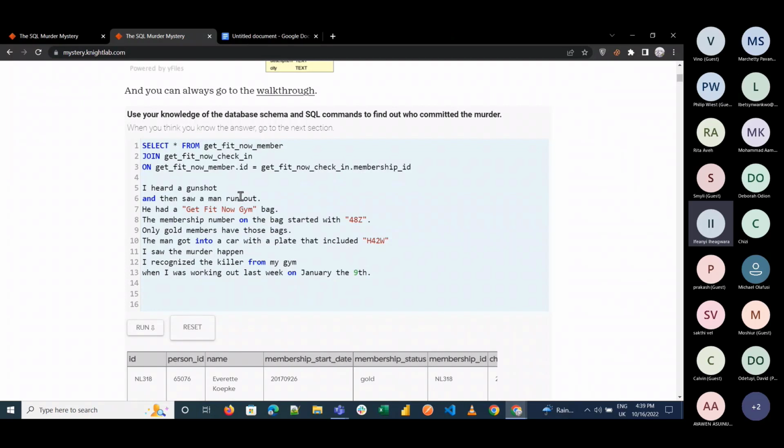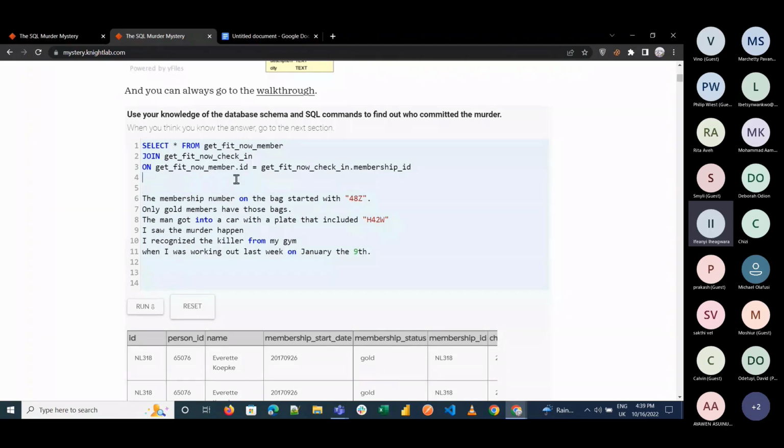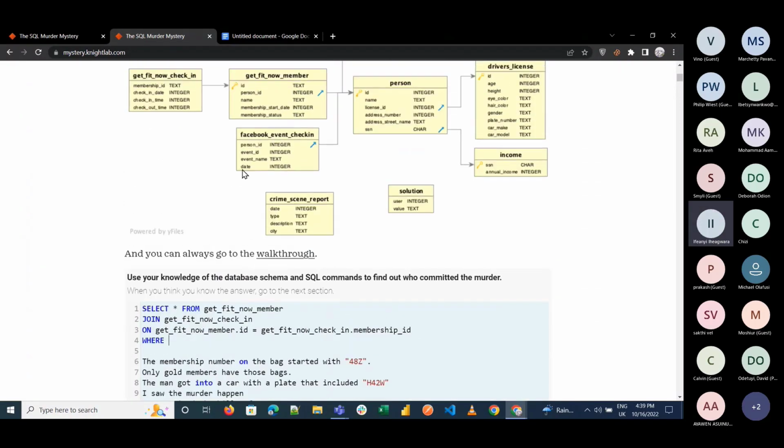So instead of doing it this way, let's get these two results again. We know a gunshot was heard, the man ran out, and the man has a Get Fit Now number. So where the Get Fit Now membership ID number is equal to this.